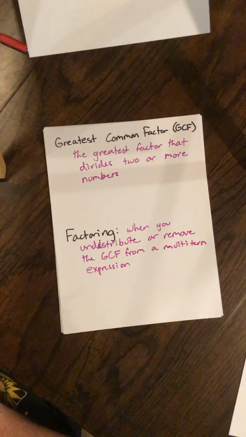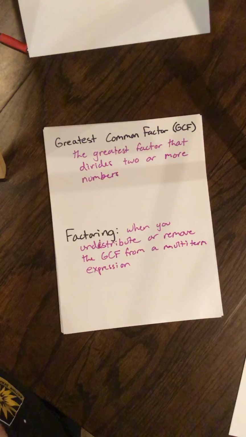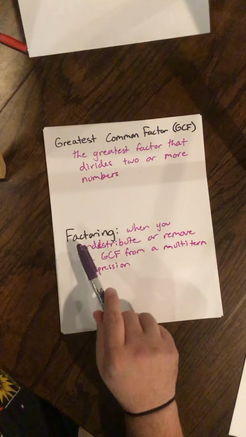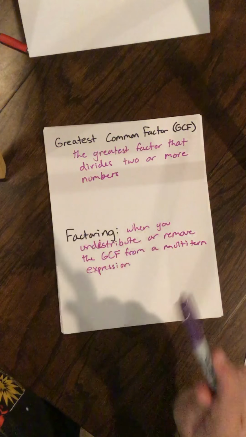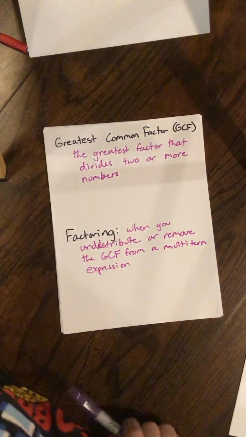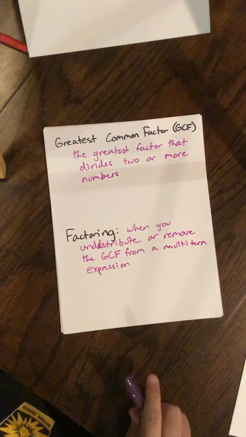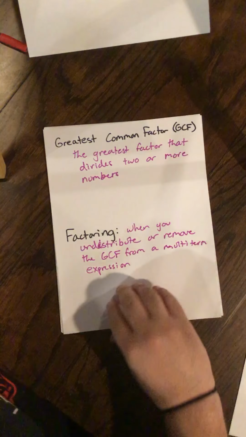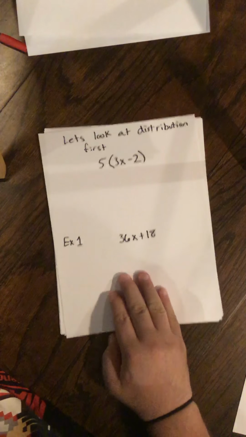Okay, when you undistribute or remove the GCF from a multi-term expression. Now, this term factoring, or the action of factoring, we will redefine later on in Algebra 1. But for now, that's what we're going to call it.